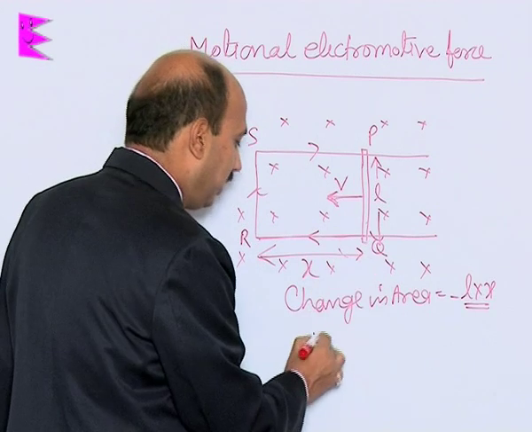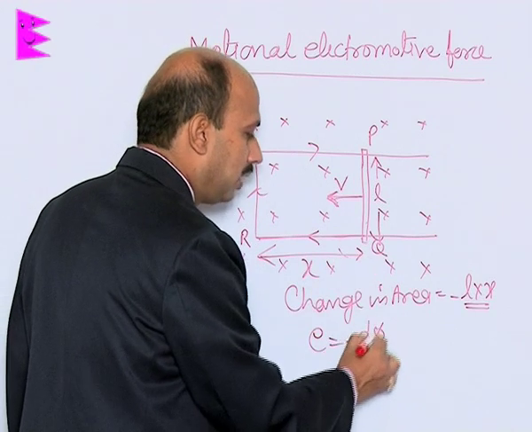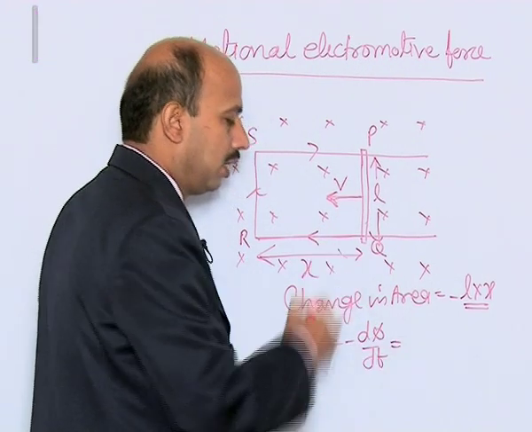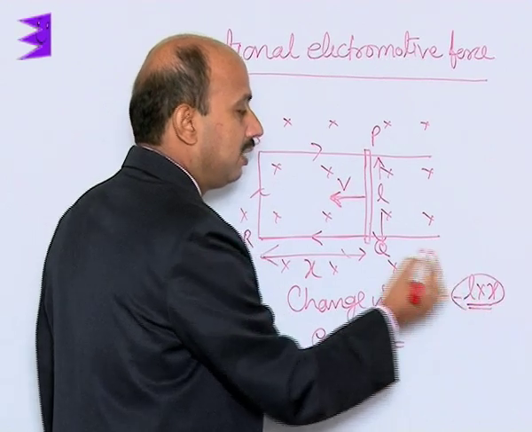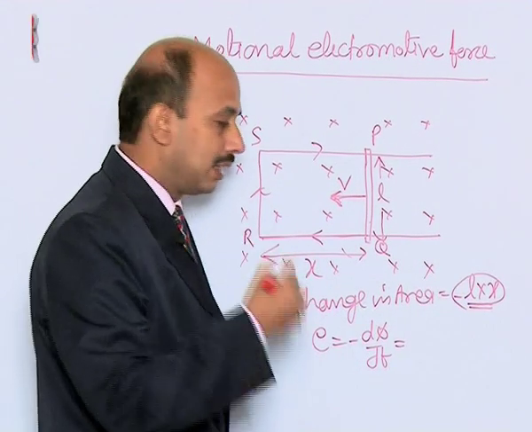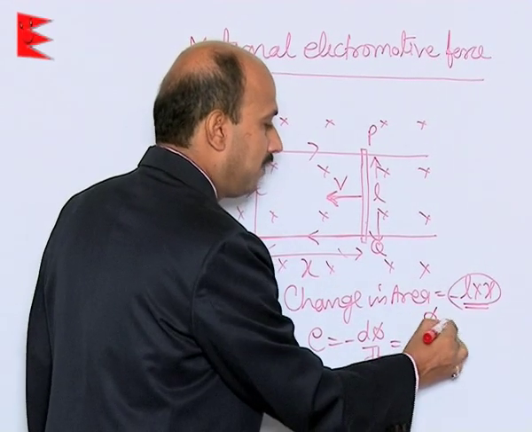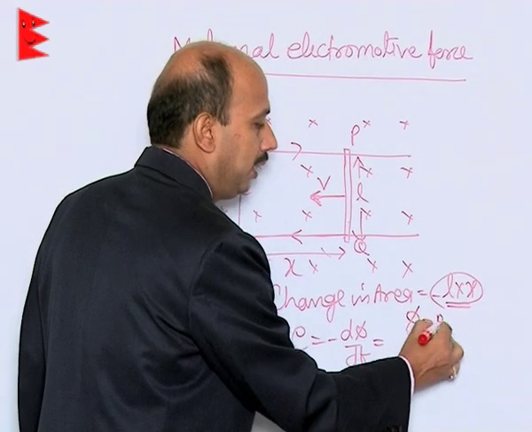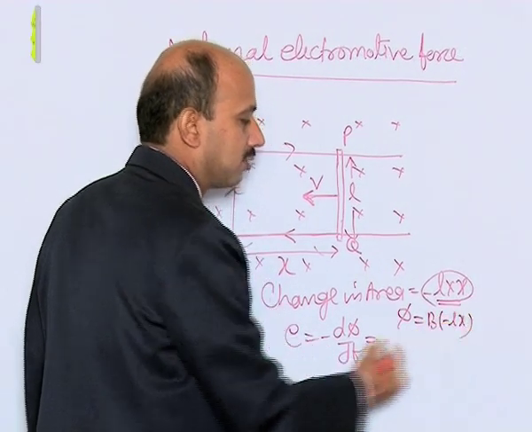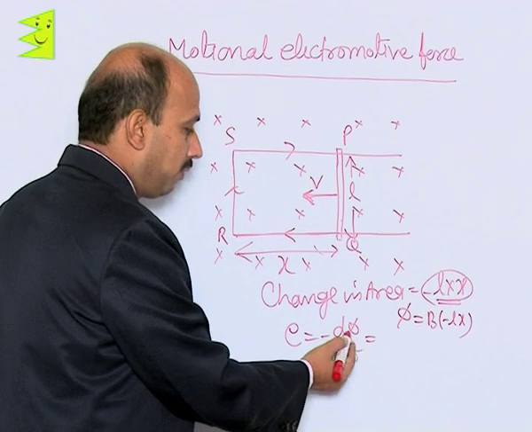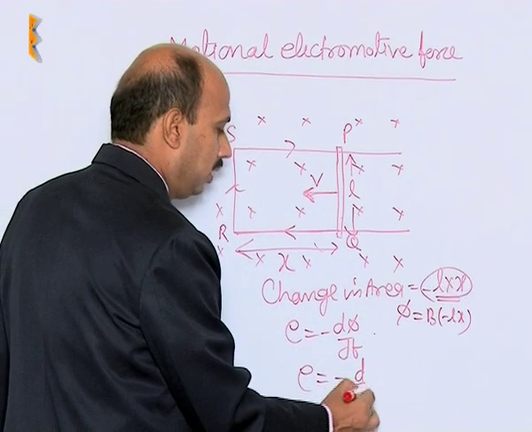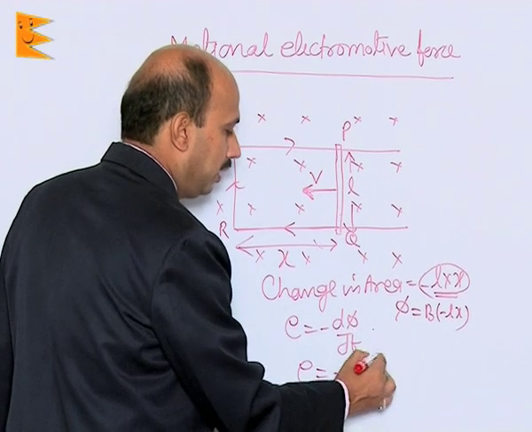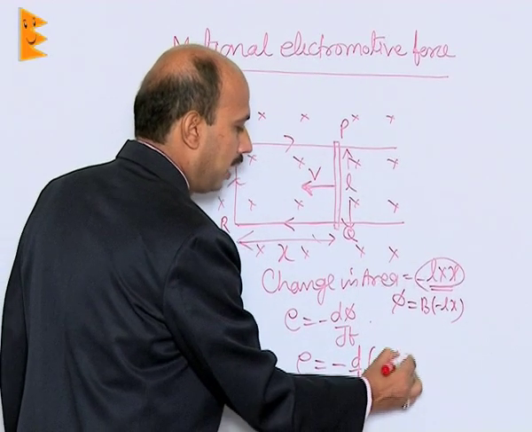Now, the EMF induced can be written as minus d phi upon dt. We have got the decrease in area, so we can get the magnetic flux also. The magnetic flux will be B into minus Lx. In place of flux we can write this, so E is equal to minus d upon dt of minus BLx.